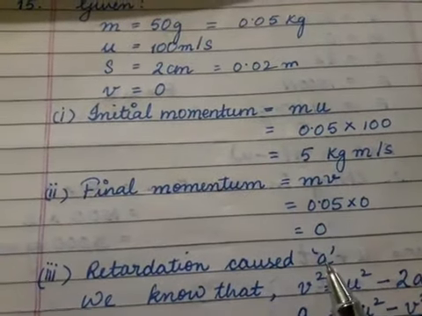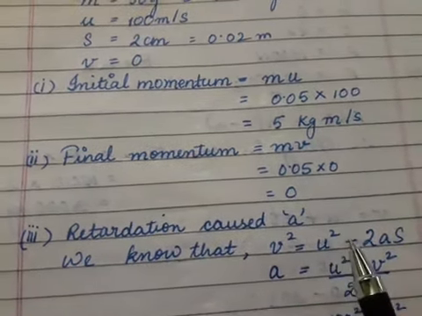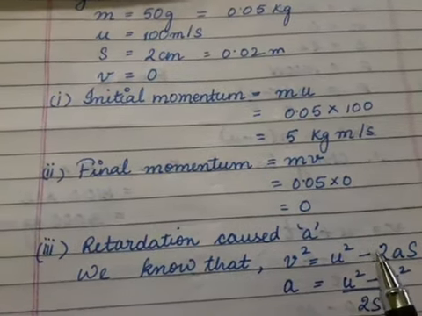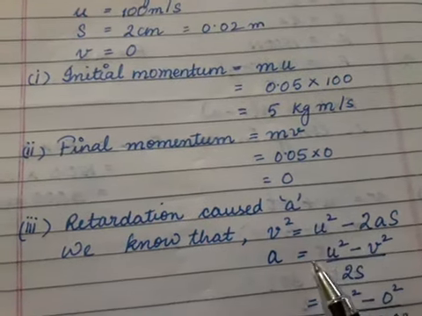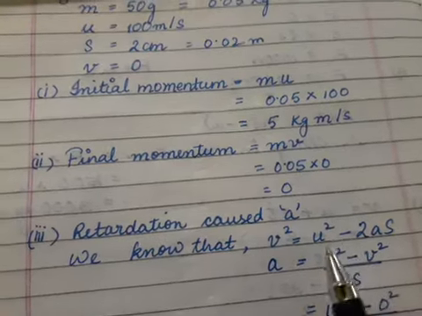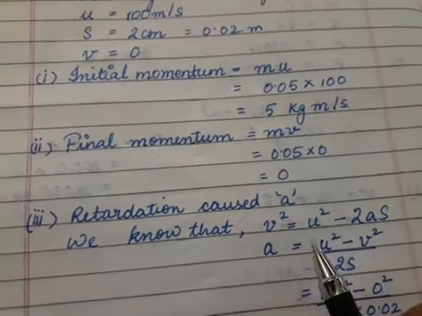Retardation caused: we know that v square equals u square plus twice as. Since it is retardation, I have put minus. This way also you can do. Your a will be negative. If your a is not negative, you will get a negative answer instead. Here I have directly put retardation to be equal to this.